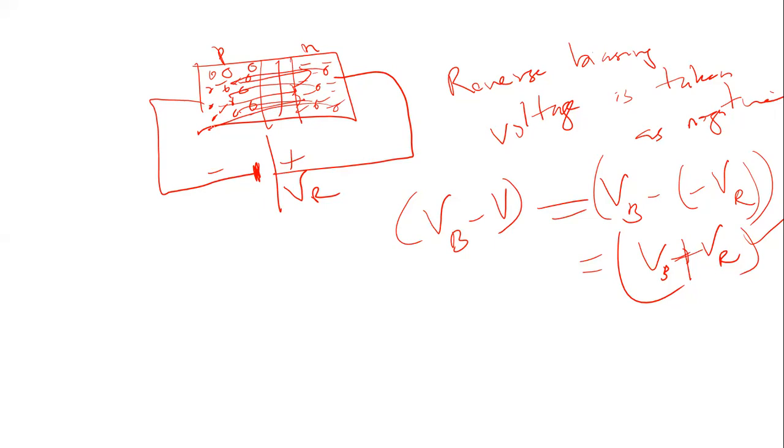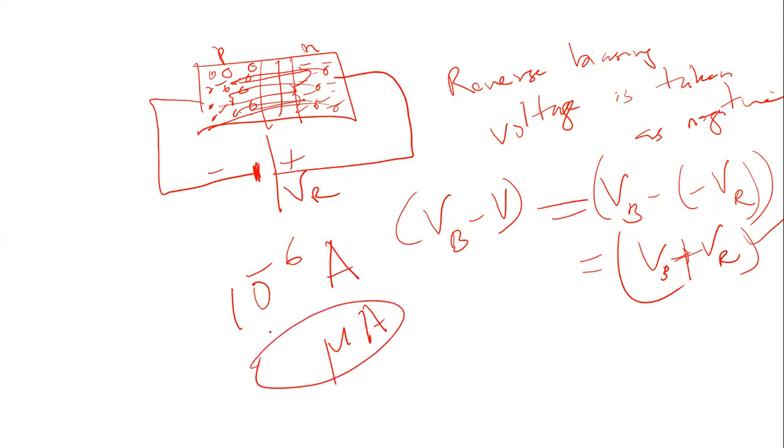Because of such a low concentration, the electrical current contributed by such minority charge carriers is very, very small, in the range of 10 to the power minus 6 ampere, which we call microampere. A few microamperes is not detectable by a normal multimeter, and you cannot use this much current for any device.